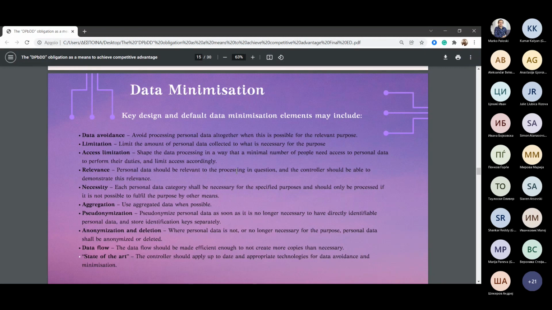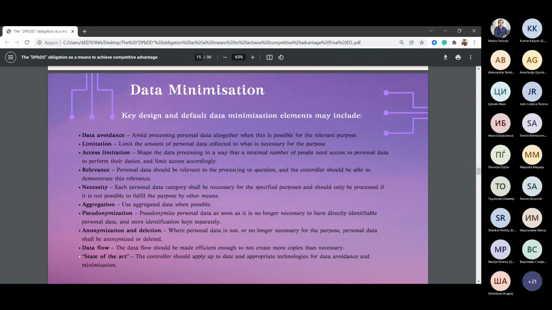Pseudonymization, pseudonymize personal data as soon as it is no longer necessary to have directly identifiable personal data and store identification keys separately. Anonymization and deletion, where personal data is not or no longer necessary for the purpose, personal data shall be anonymized or deleted.